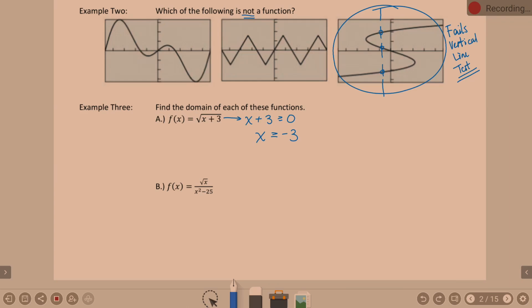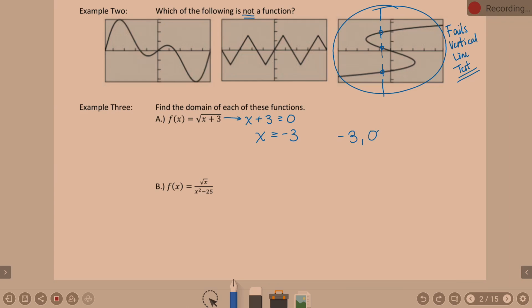Now, this is all we need to know to write our domain. We'll confirm it on the graph here in a moment, but how do we write this in interval notation? Greater than or equal to negative 3? Bracket negative 3, comma, infinity, parenthesis.